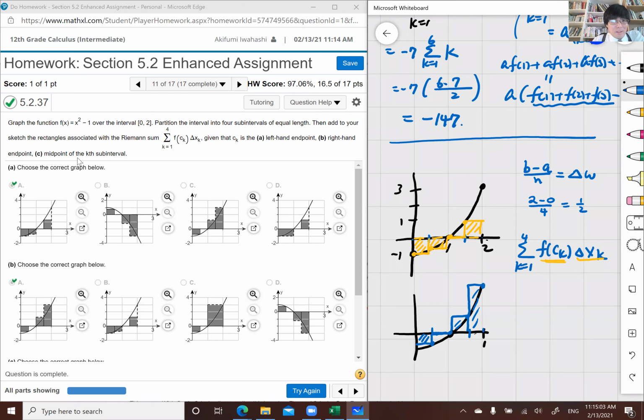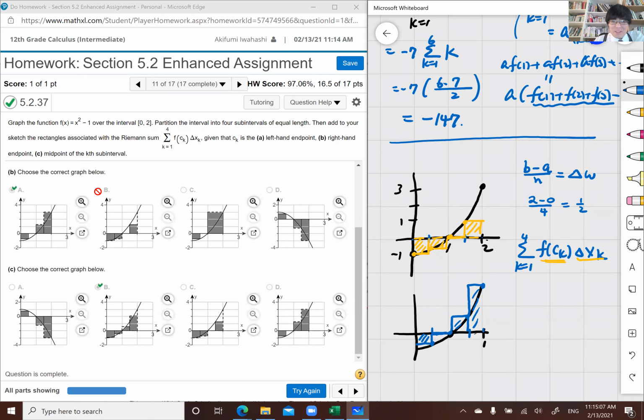Okay. Midpoint is a bit harder. So the midpoint case. Here is 2. I have to take the midpoint in each interval.